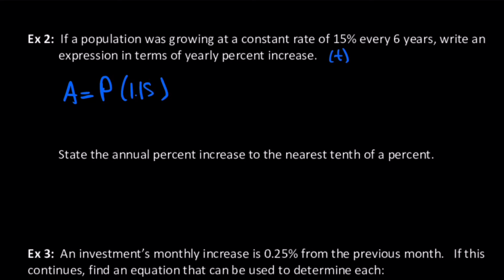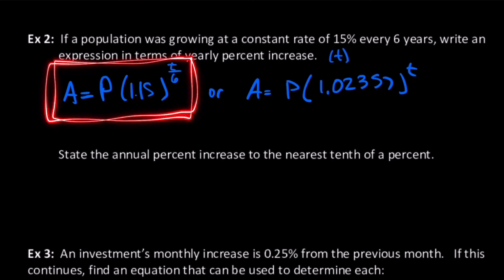If t represents a year, I have to divide it by 6 because this increase inside here is over 6 years. So I'm changing a unit of time from 6 years to 1 year. And now let's bring that in. Okay, so A equals P times, I got 1.02357 to the t.